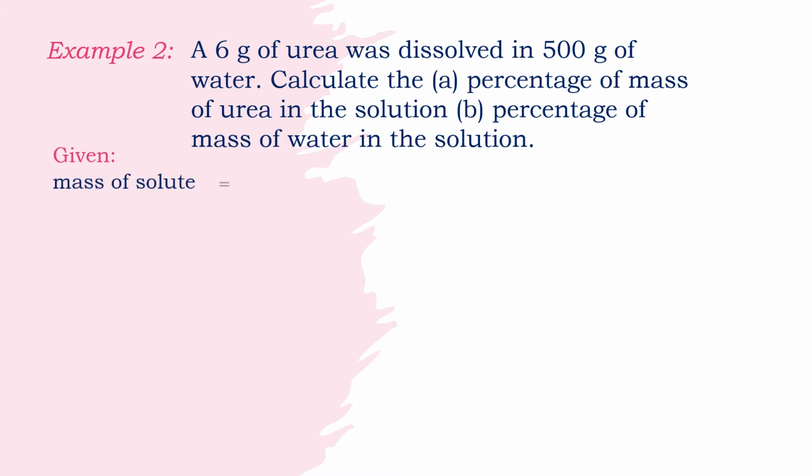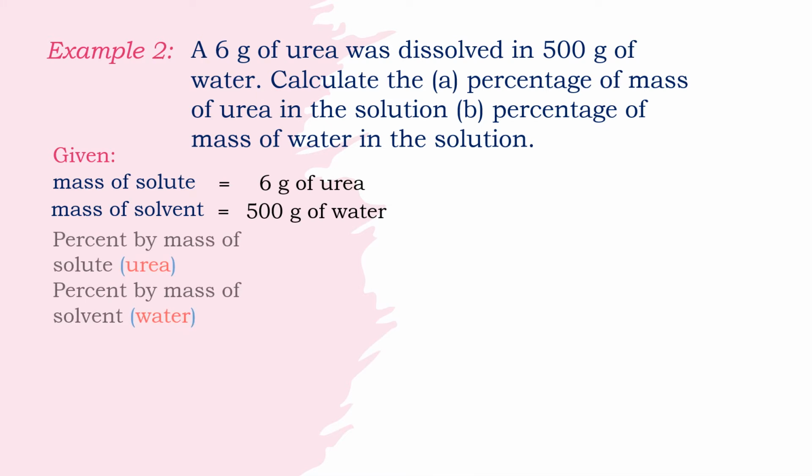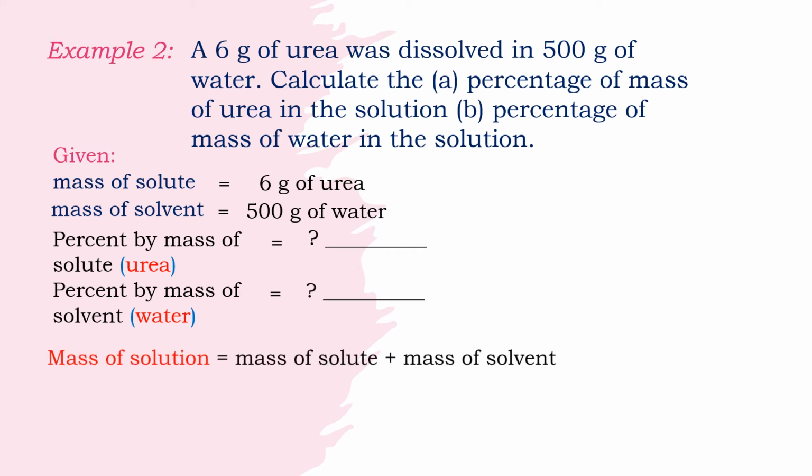So the mass of solute is equal to 6 grams of urea. The mass of solvent is equal to 500 grams of water. So ang hanapin po, percent by mass of solute, that is the urea, and percent by mass of solvent, which is the water. So yun po yung ating mga hahanapin.